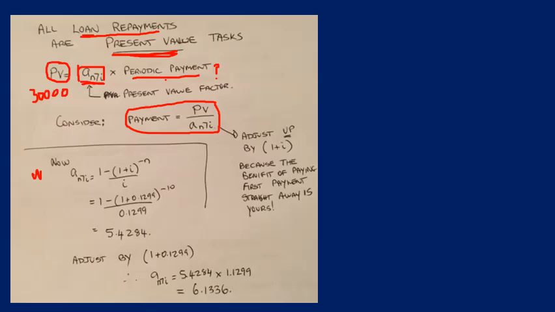Now, the process of calculating the present value factor is relatively straightforward, and we'll get a 5.43 at the bottom of that. What's intriguing with these, and where the textbook completely oversimplifies it, is that if you're repaying a loan and you have to decide whether you're going to make your first payment on day one or, in this case, a year later, we need to think about the impact of that.